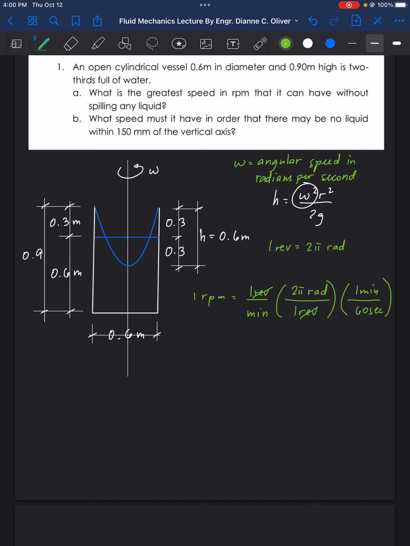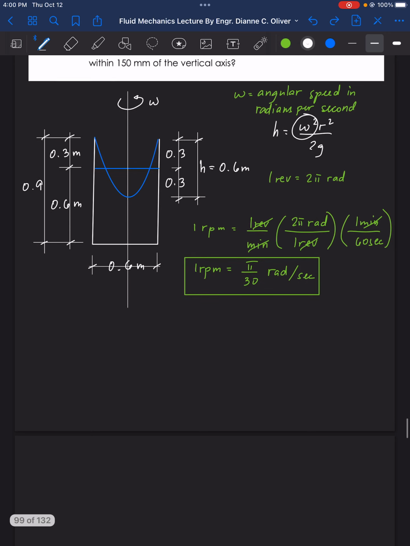So cancel revolution, cancel minute, therefore 1 RPM is equal to pi over 30 rad per second. So we will use this conversion whenever we use the formula here.